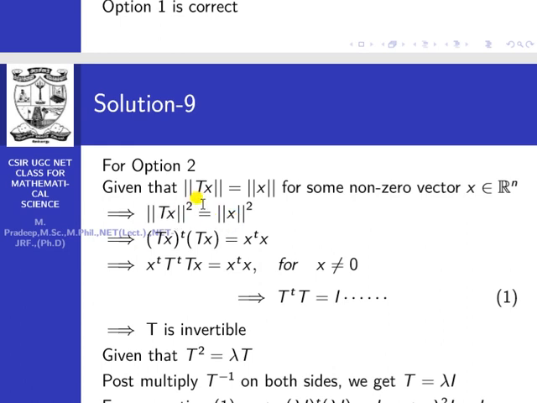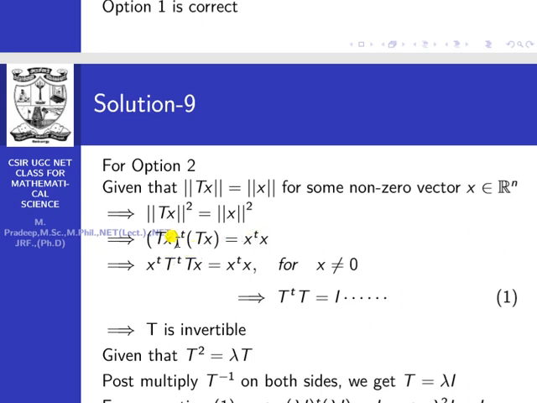Norm Tx means square root of the inner product of the vector. Here the other definition of the inner product is the transpose of the vector into the vector. So norm of Tx whole square equal to Tx transpose into Tx, and the same, norm x square equal to x transpose into x, by the definition.